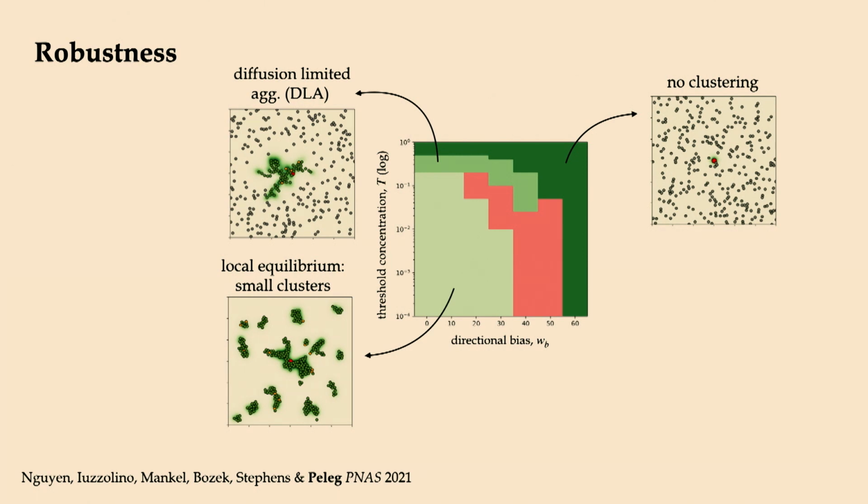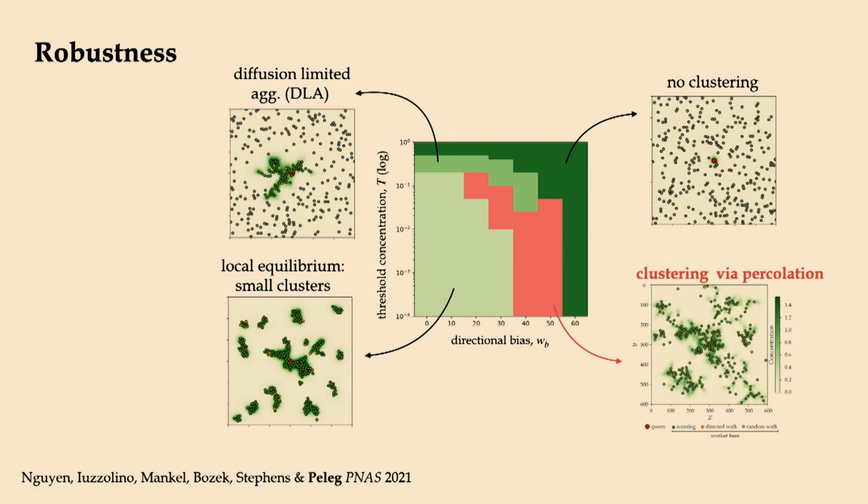And of course, that scales very badly with system size. And then there is this sweet spot with clustering that happens when the bees are able to actually propagate that signal forward or backwards to all the bees in the arena, and they're able to aggregate coherently around the queen.